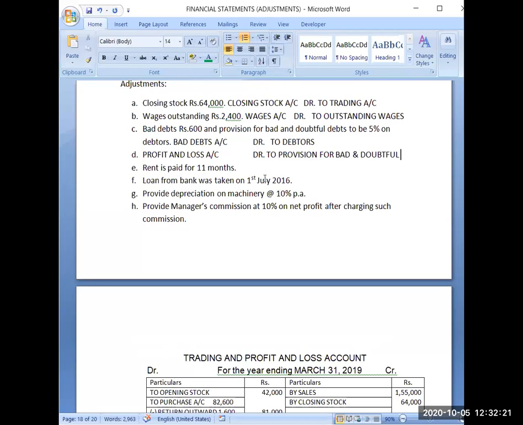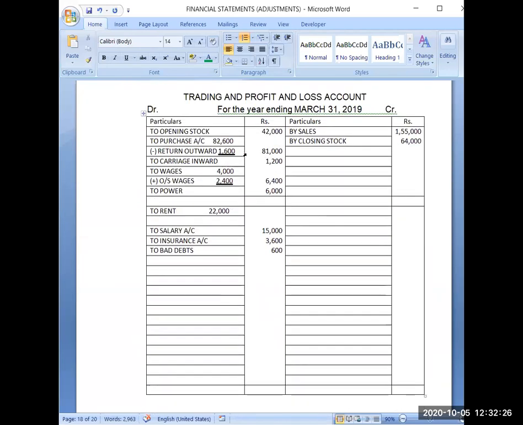This will be the journal entry. Now this entry is going to profit and loss account. So first part of this adjustment will be written here.